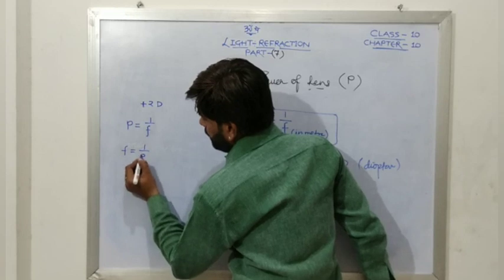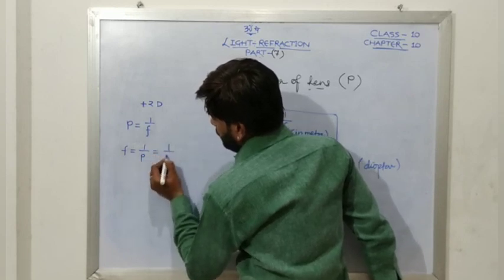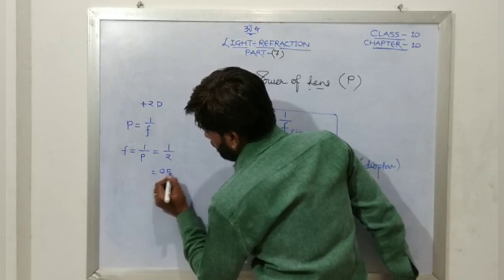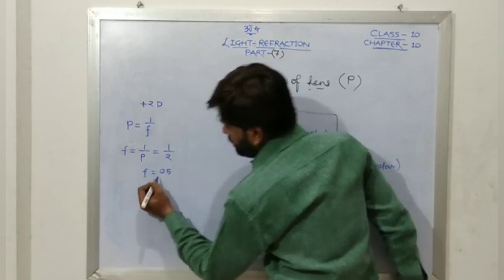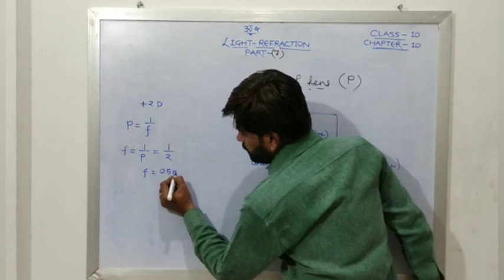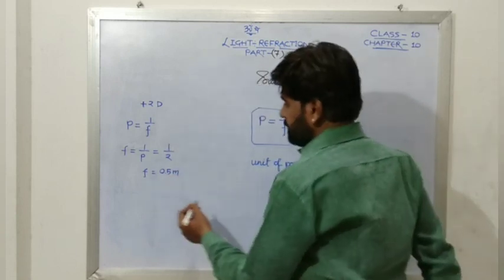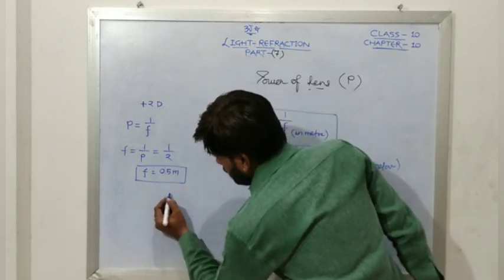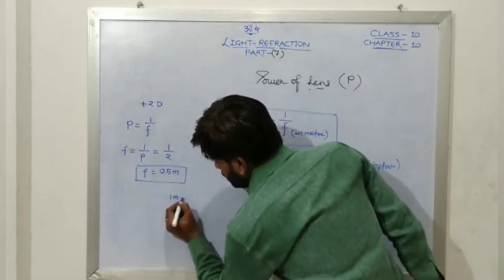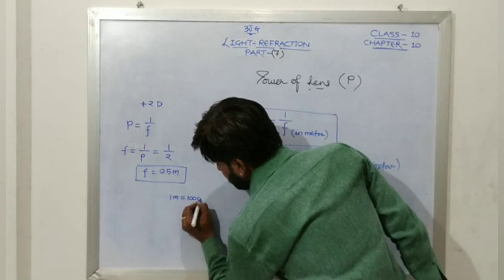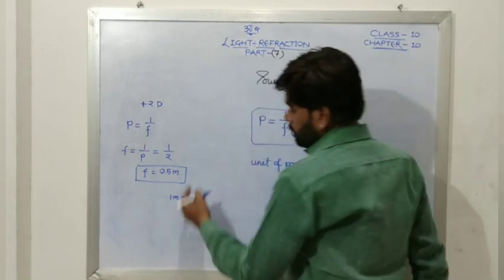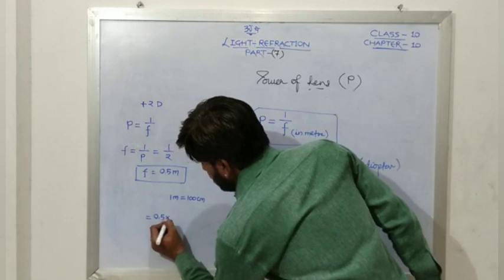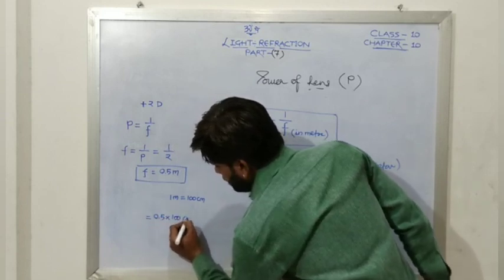1 upon power, and that is equal to 1 upon 2, which is 0.5. Now we know that the focal length should be in meters, so this is in meters. As we know that 1 meter is equal to 100 centimeters, I may write it as 0.5 into 100 centimeters.